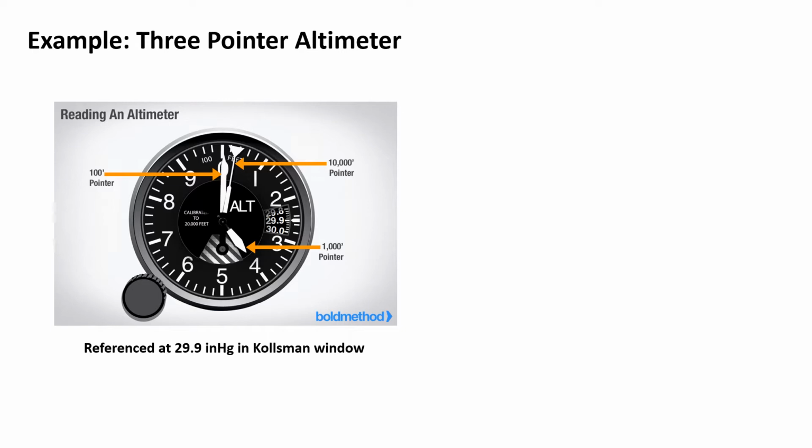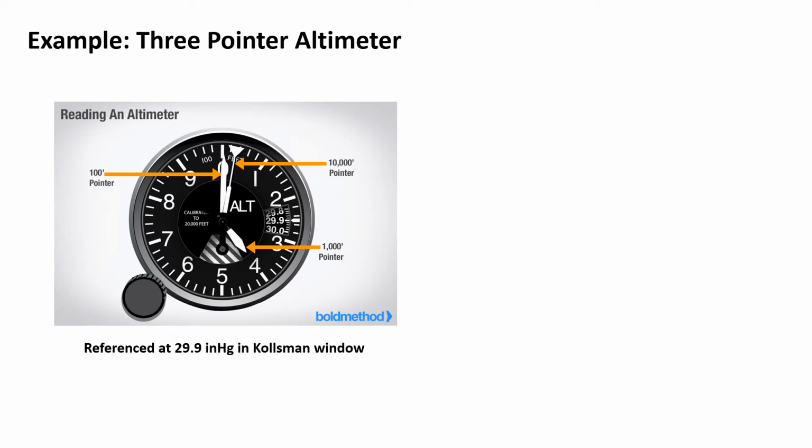The unit is inch mercury, so this altimeter is zeroed at 29.9 inch mercury, which is the sea level pressure in the ISA, the P0 in the previous slide.